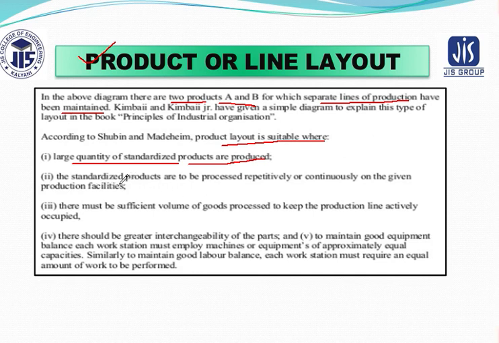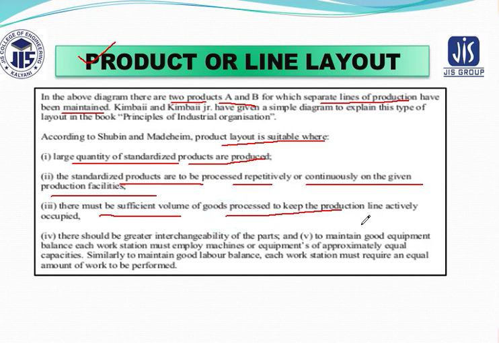Secondly, the standardized products are to be processed repetitively and continuously on the given production facilities. If you have the production facilities, your aim is to produce continuously throughout. Next, there must be a sufficient volume of goods to keep the production line actively occupied.